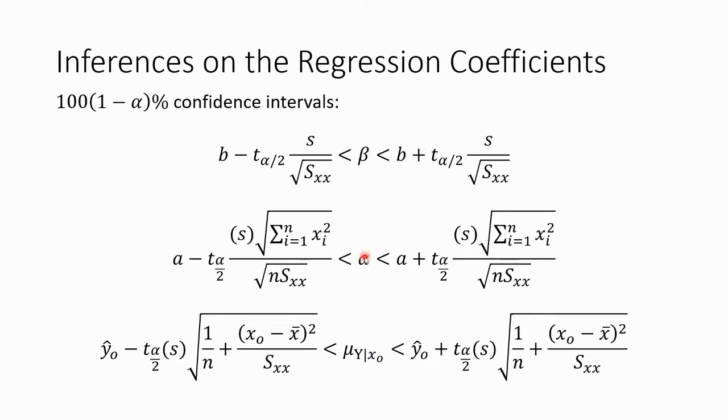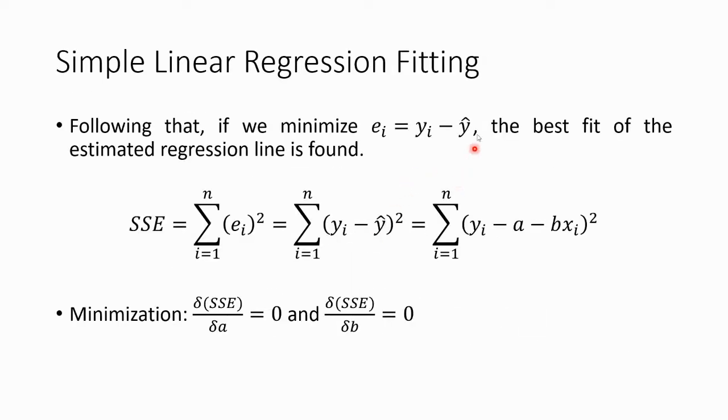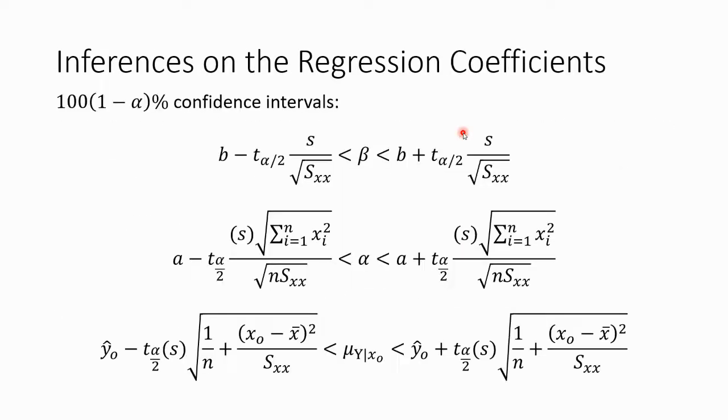And instead of y hat over here, let's call our ideal regression line mu, like this. So what is this equation over here? This equation gives us a way to calculate the actual value of beta around a certain interval.